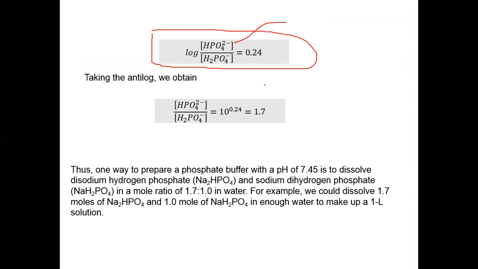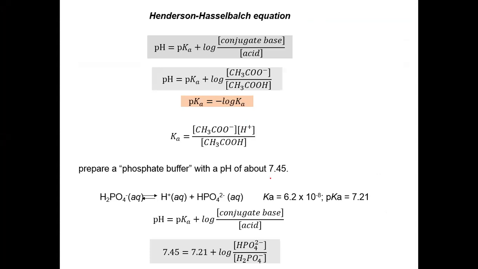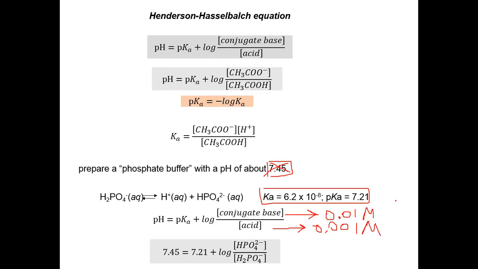Say you don't know the pH, forget about the pH. So you know this. Also, you know the concentration of this one is going to be 0.01 M, and the concentration of this one is going to be 0.001 M. These are concentrations for the conjugate base and conjugate acid.